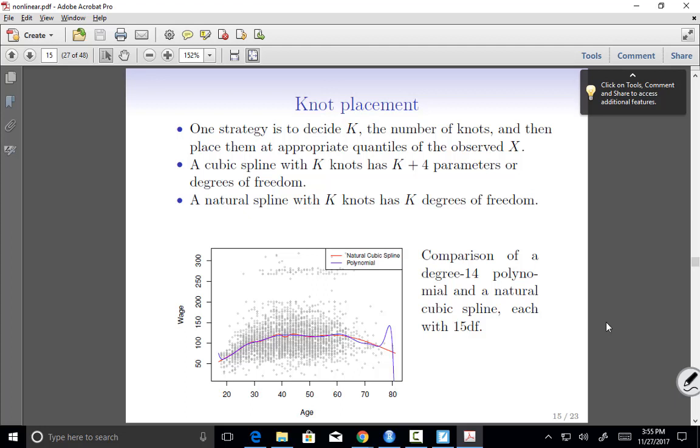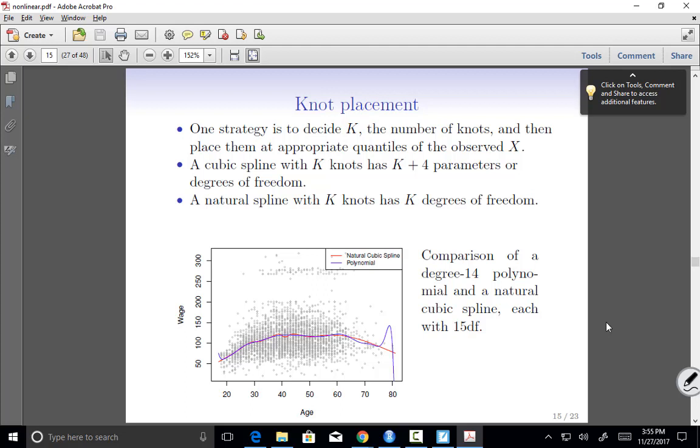What general technique do you think we could use? Suppose we have training data, and I want to fit y as a curvy function of x for prediction purposes. I'm going to use a natural cubic spline, but I don't know how many knots to use or where to put them. What technique do you know that we could use to ask the data where I should put the knots and how many of them?